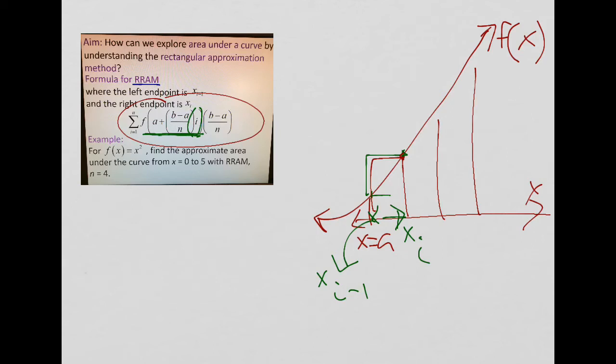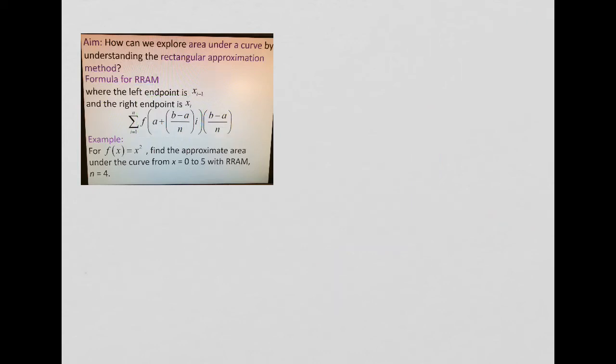So in finding our rectangular approximation method, we have base times height. Actually, that's your base, that's your height. Your height is determined by your function. So we're plugging something into the function to get the height of our rectangle, because let me draw this again.